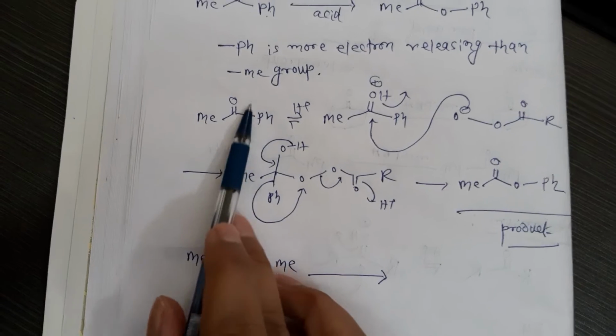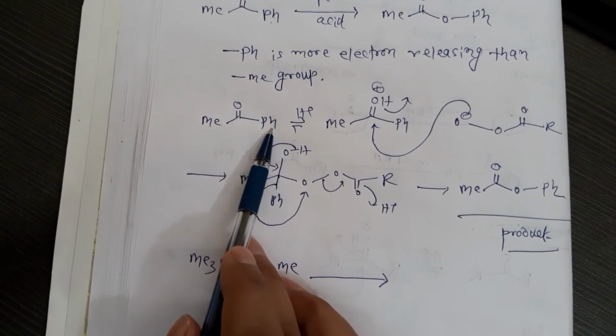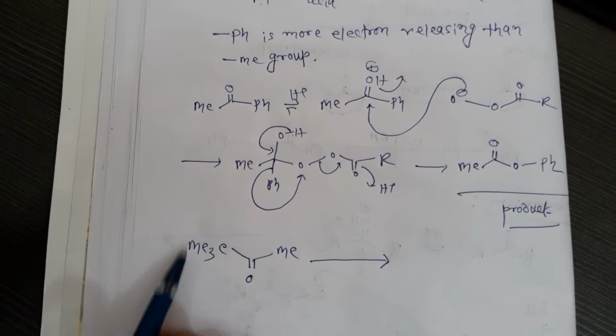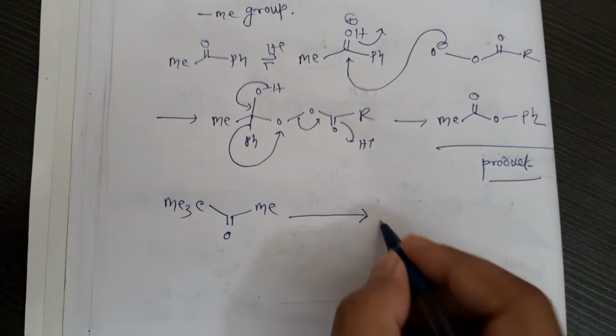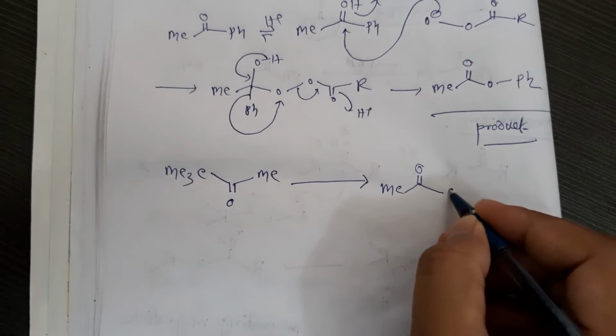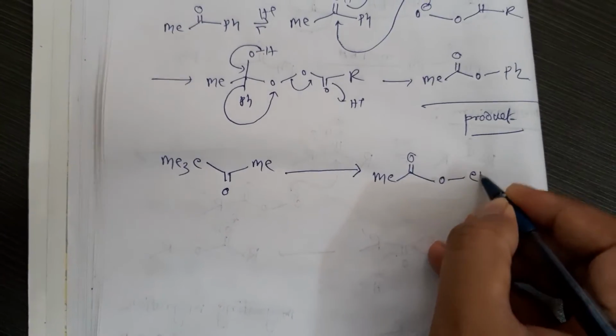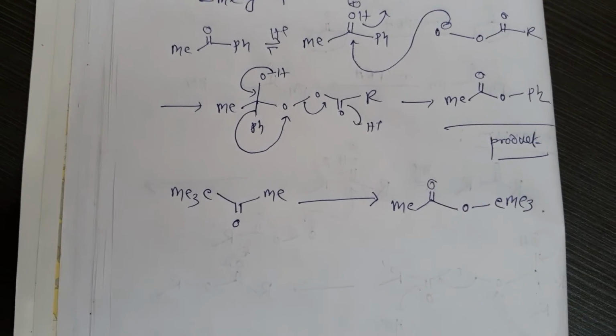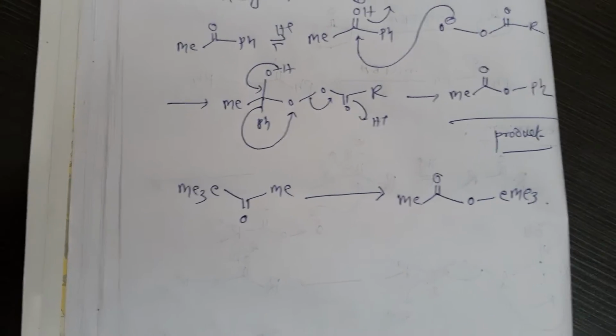Similarly, the tertiary butyl group will migrate to the oxygen atom to form Me-C(=O)-OCMe3. So which is more electron releasing, oxidation occurs to that side.